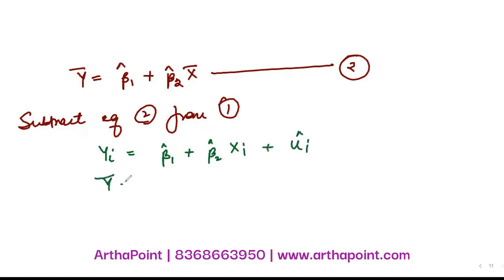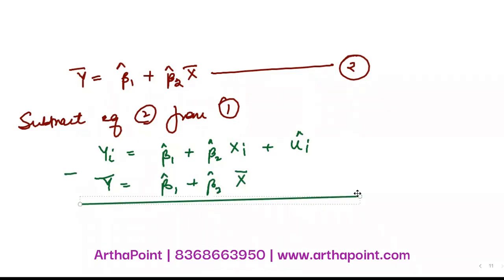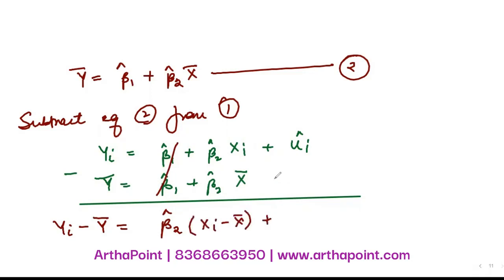Equation 2 is y bar is equal to beta 1 hat plus beta 2 hat x bar. Let's subtract this. What will I get? I will get yi minus y bar is equal to beta 2 hat. This gets cancelled. Xi minus x bar plus, this is nothing but 0, ui hat.